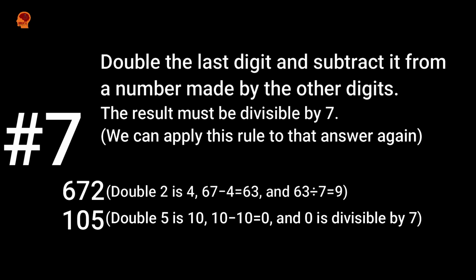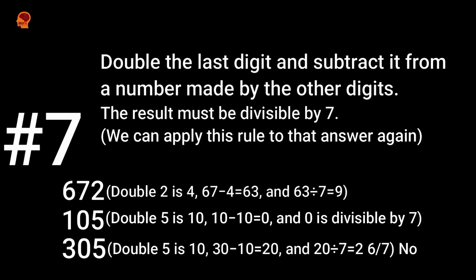Another one, let's look at something like 305. If we double the last digit 5, it gives what? 10. Okay, and then you take 10 away from 30, you're going to have 20. So 20 cannot be divided by 7. So that number 305 is not divisible by what? 7.